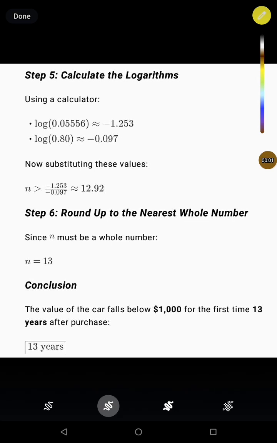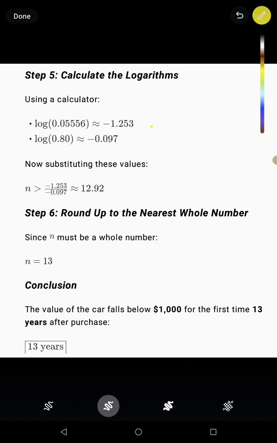Now, log 0.05556, we got the value to be approximately minus 1.253. You can confirm that with a calculator. You know how to do this kind of thing now, using standard form, that's where we get the minus 1. And log 0.8, we get that to be approximately minus 0.097.